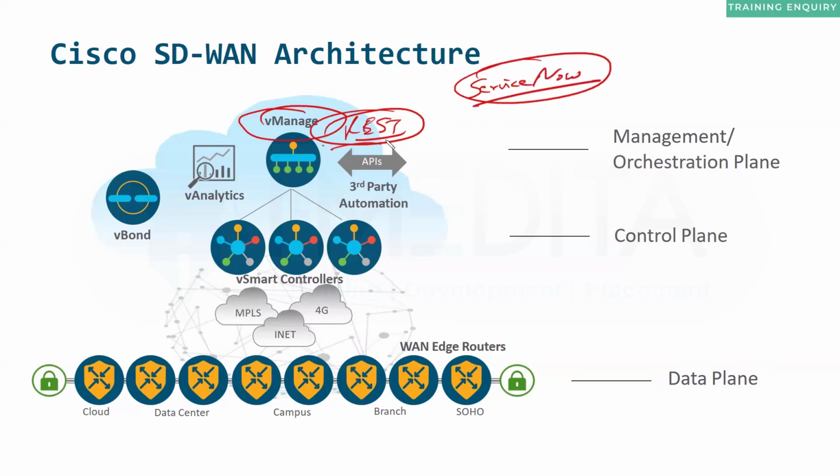You want to integrate vManage with ServiceNow so that based on some specific events, you can generate a ticket on ServiceNow, and ServiceNow can assign that ticket to a specific team or DL, distribution list, that you have created for your entire team. You can do that using the REST API. That's the reason vManage supports the REST API, so you can easily integrate vManage with third-party applications for the purpose of automation.